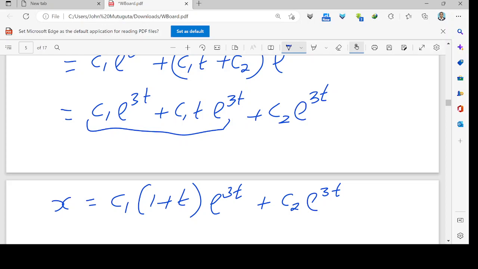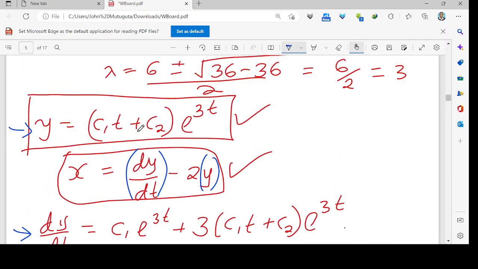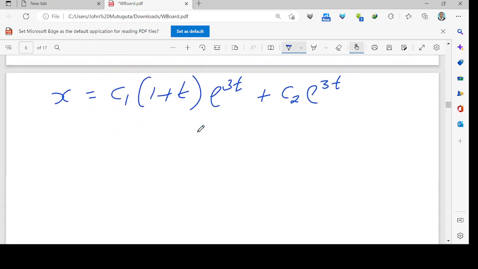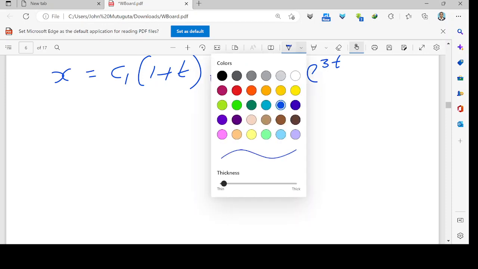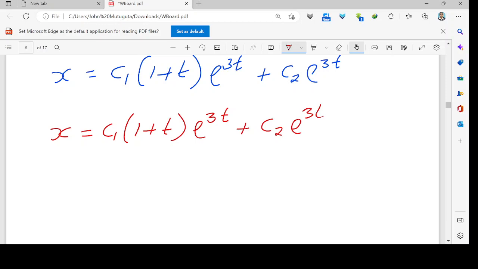So you can see now the solution of the system. We have y, which is (c1 t plus c2) e raised to power 3t. Then we have x, which is now this function. So we can write the solution of the system as x is equal to c1 (1 plus t) e raised to power 3t plus c2 e raised to power 3t.